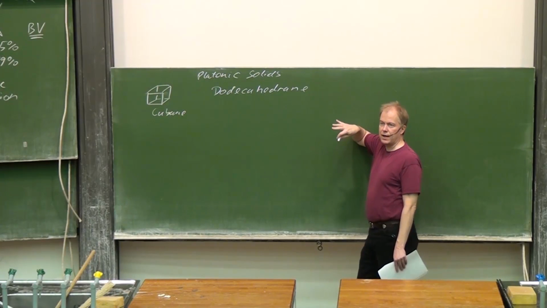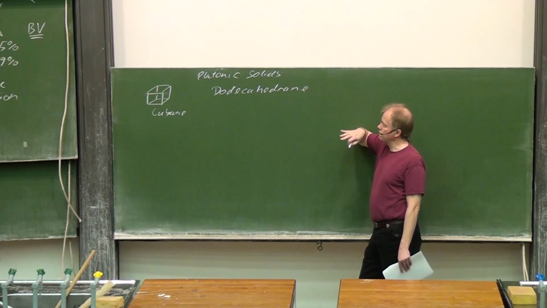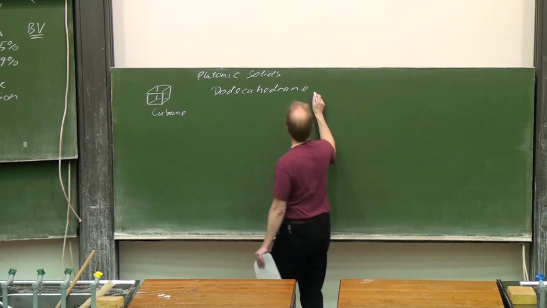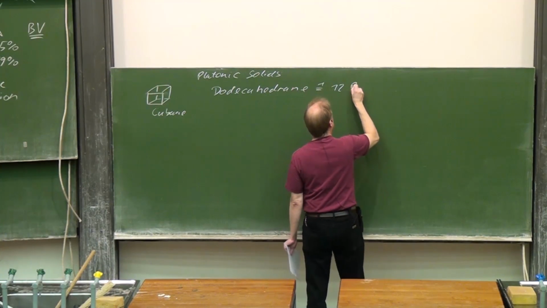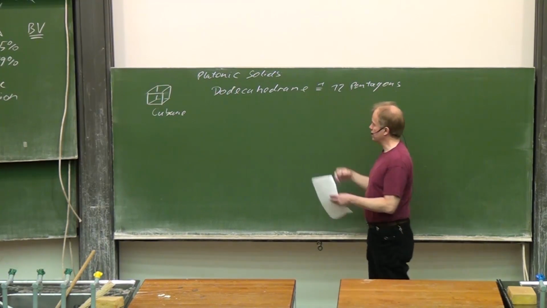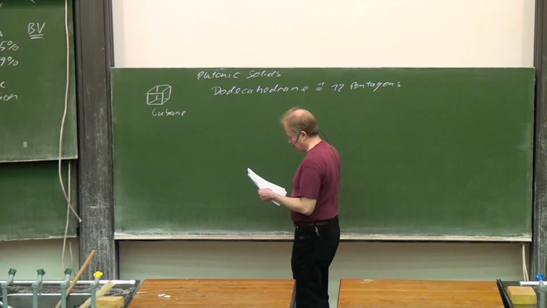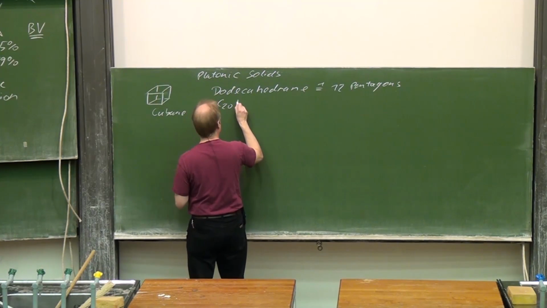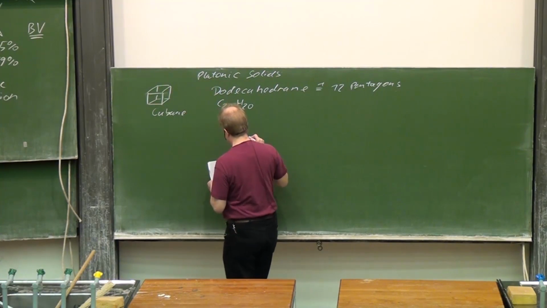Dodecahedrane is the hydrocarbon which is also resembling one of the Platonic solids, having 12 five-membered rings, so pentagons. 12 pentagons in a complete sphere, well, forming a C20H20 cage.